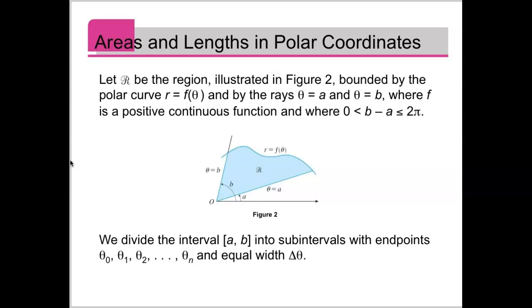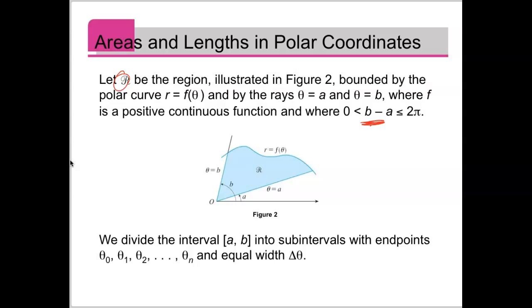All right, so let fancy R be the region illustrated in this figure bounded by the polar curve r equals f of theta and the rays theta equals a and theta equals b, and b minus a is in between 0 and 2 pi.